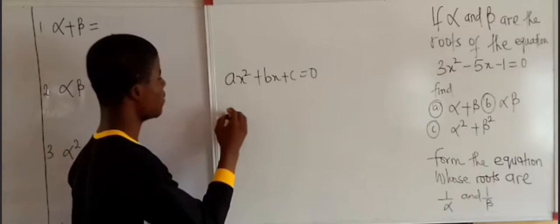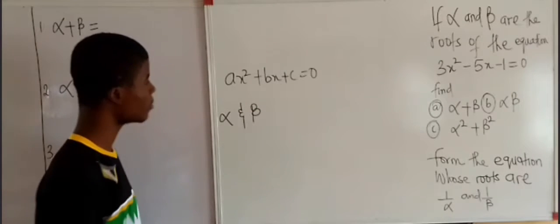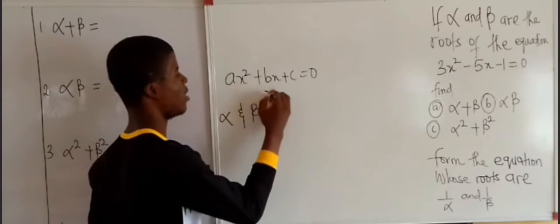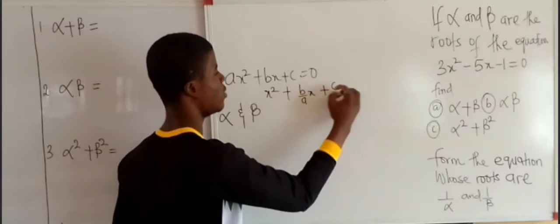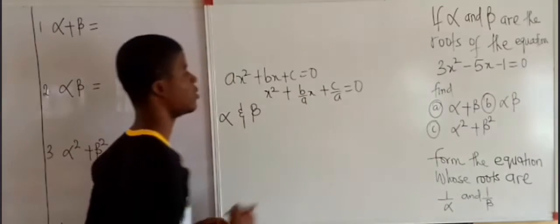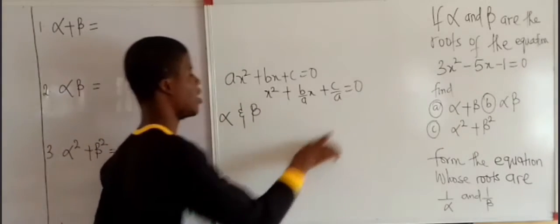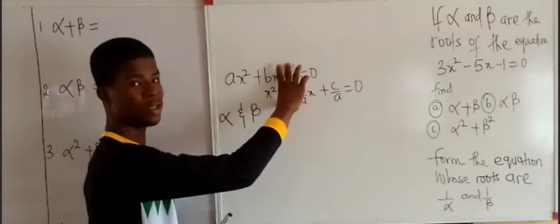Now, if for example alpha and beta are the roots of this equation, if I divide both sides by a, here I have x squared plus b over a x plus c over a equal to 0. If alpha and beta are the roots of this equation, of course these two equations are the same.